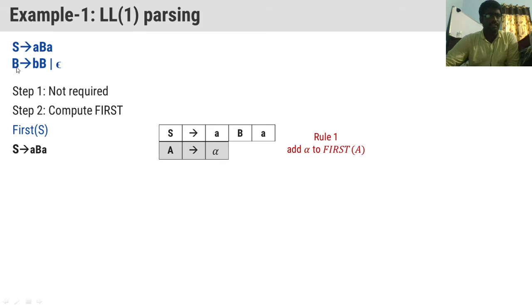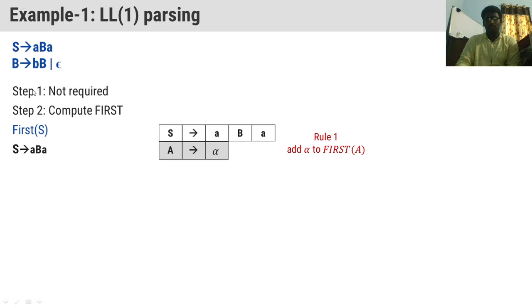What are the non-terminals here? Capital S is one non-terminal, capital B is another. These are the only two non-terminals present in the grammar, so we need to find the first and follow sets only for S and B. We will not bother about the terminals.